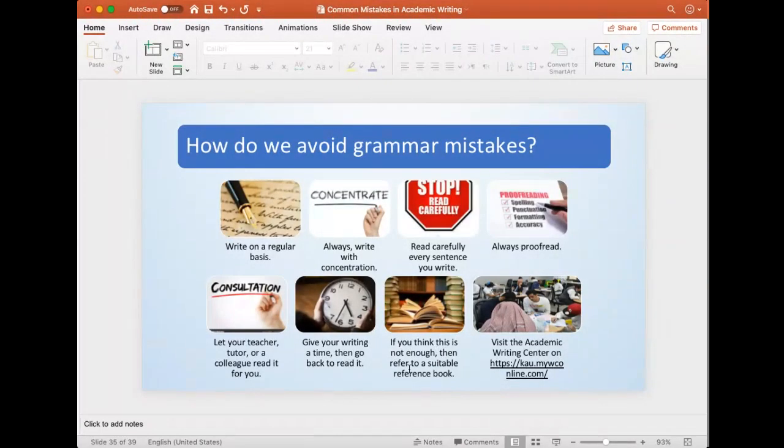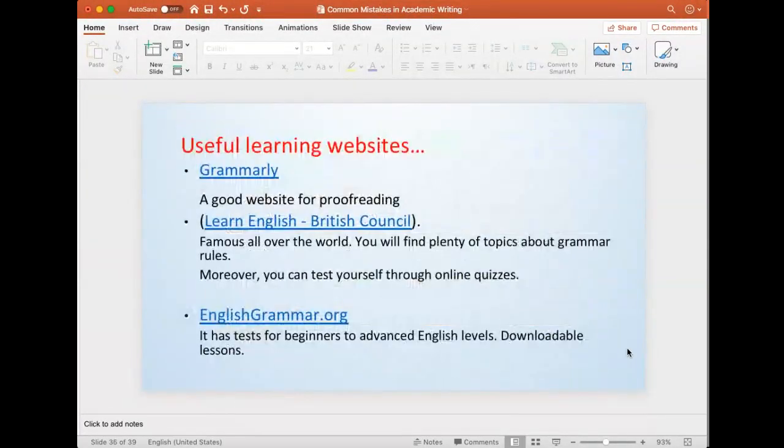If you think this is not enough, then refer to a suitable reference book. You might find other resources, websites to help you with your academic writing. And of course, you can visit the Academic Writing Center in our university to get the right support. You might book an appointment. There are many resources posted there that will definitely help you improve your academic writing.